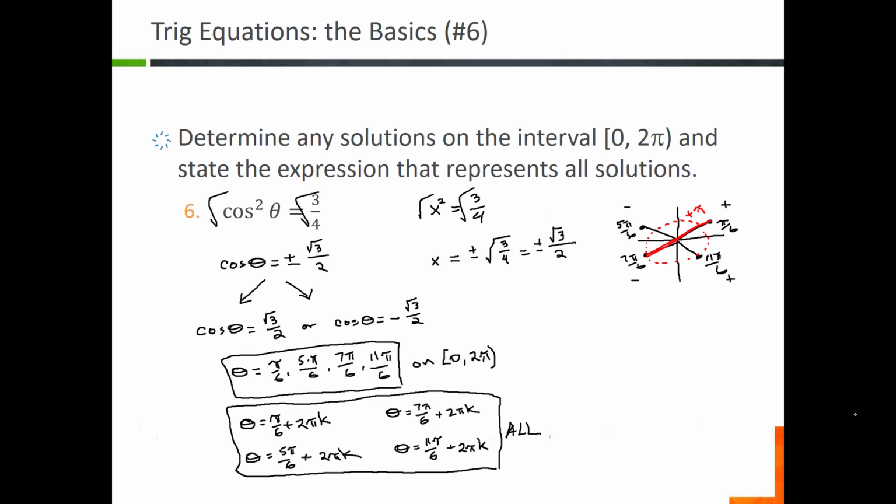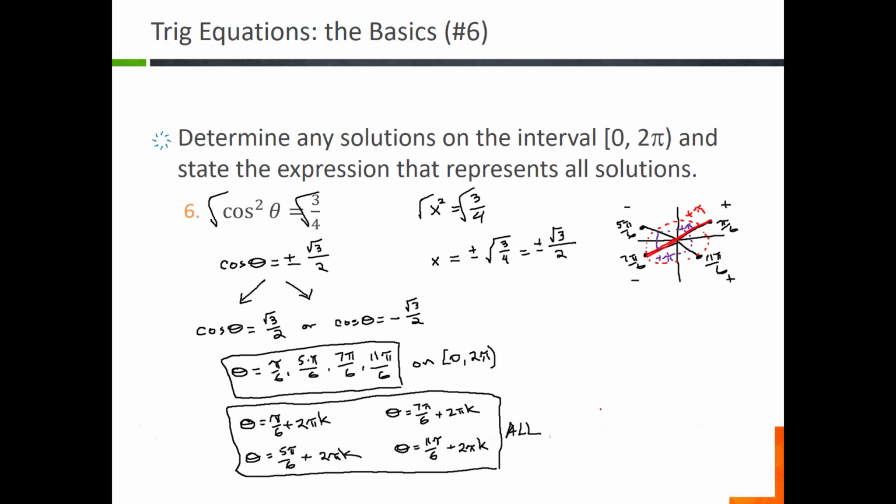And in a similar way, the 5 pi over 6 and the 11 pi over 6 are a distance of pi away from each other. Okay, so if you had 5 pi over 6 and you added pi, you'd get to the 11 pi over 6. And if you added 11 pi over 6 plus pi, you would get 17 pi over 6, which is the same thing as 5 pi over 6. So what that means is we can take these four expressions that we had for infinitely many answers, and we can merge them into just two answers.